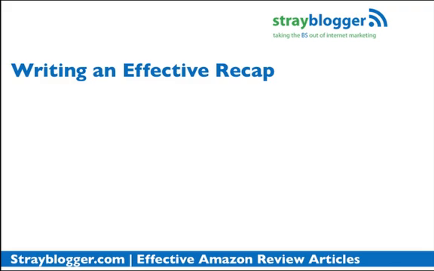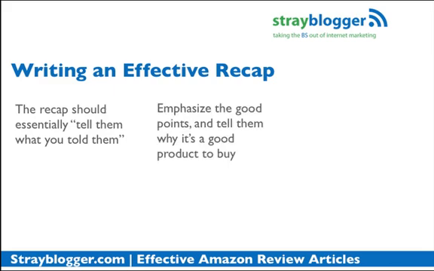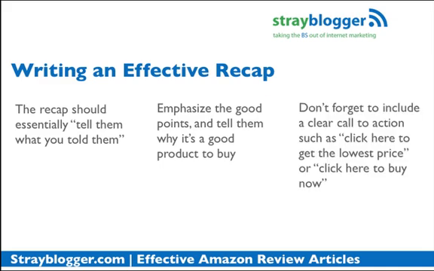Okay, now to write an effective recap, this is really simple. It's basically the same thing as your intro paragraph. The recap should basically tell them what you just told them. So you just review, reiterate the good points, emphasize the good points, tell them why it's a good product to buy once again, and then include a strong call to action.